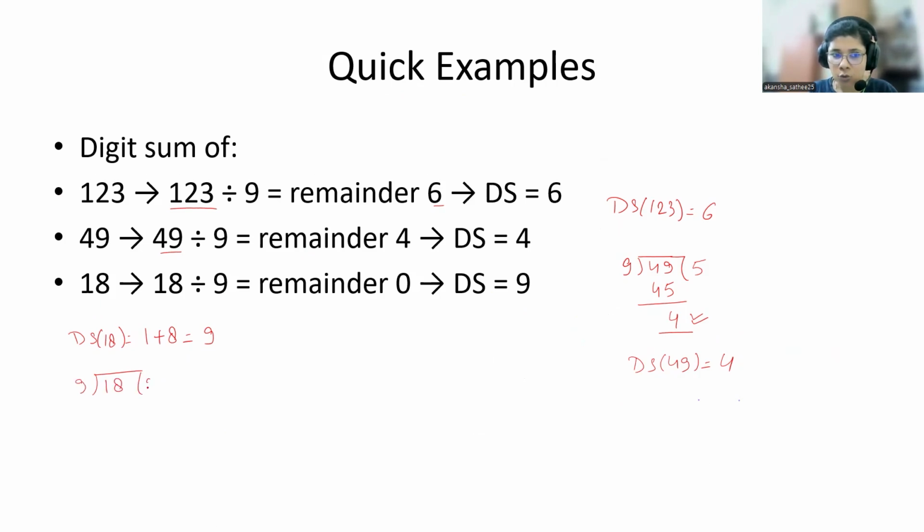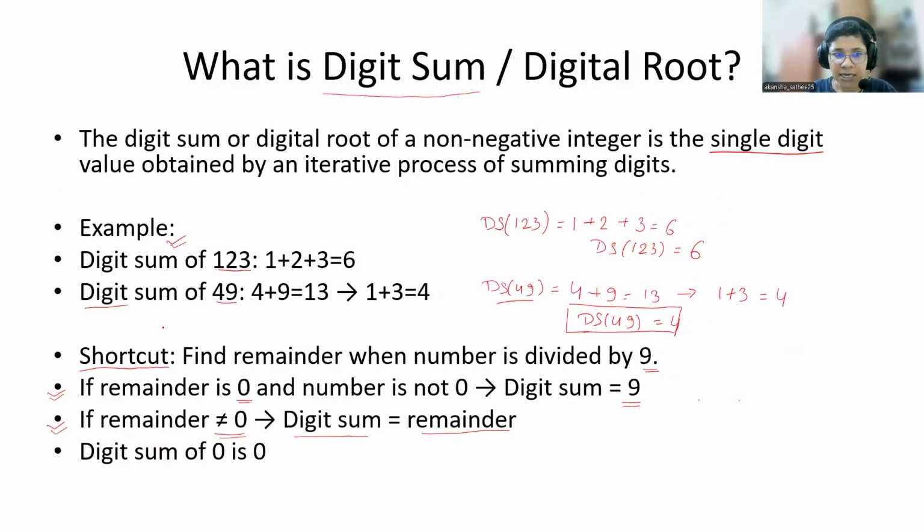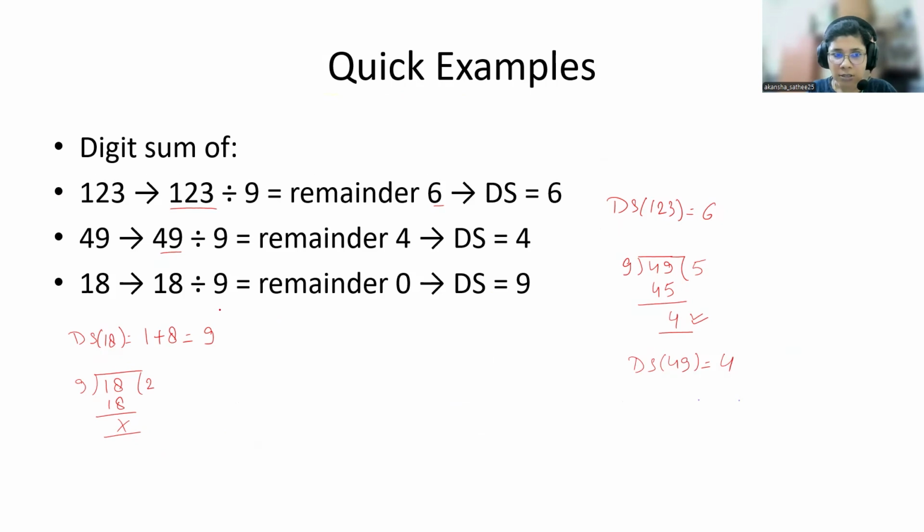How many times? 2 times. And the remainder is 0 actually. So what is the rule? If the remainder is 0, then the digit sum is equal to 9. So in the case of 18, the remainder is 0, so the digit sum is 9.